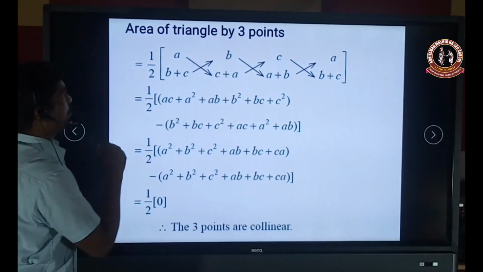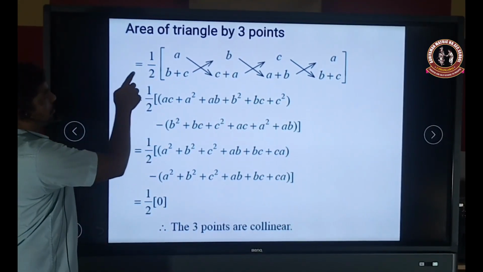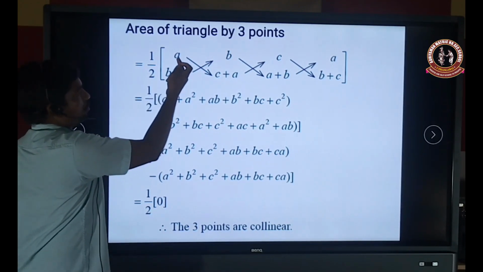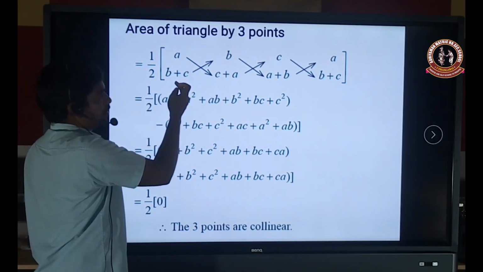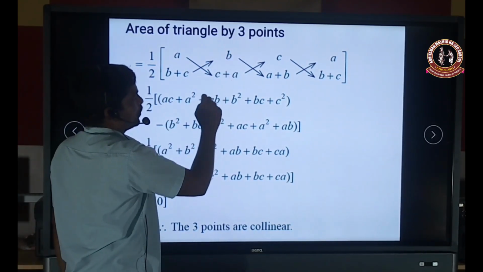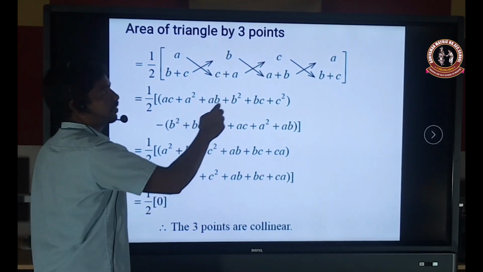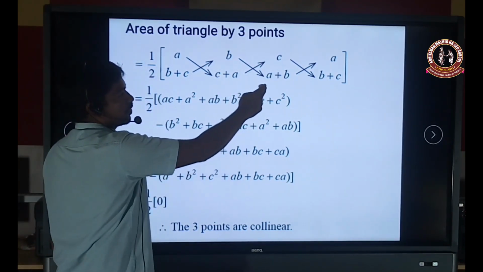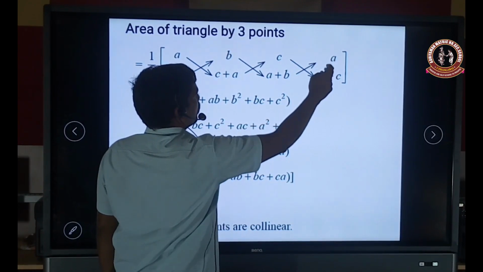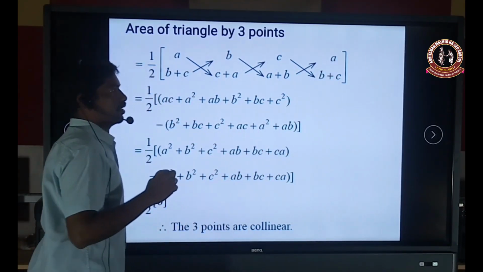So the area equals 1 by 2 into: a, b + c, b, c + a, c, a + b, again a and b + c.